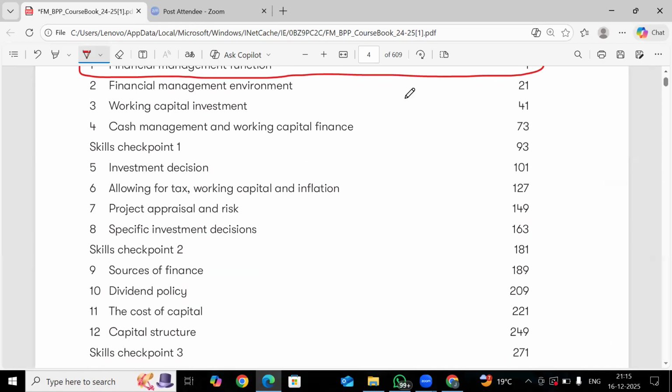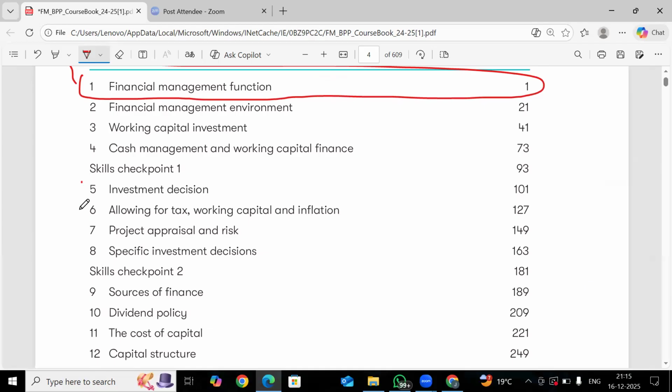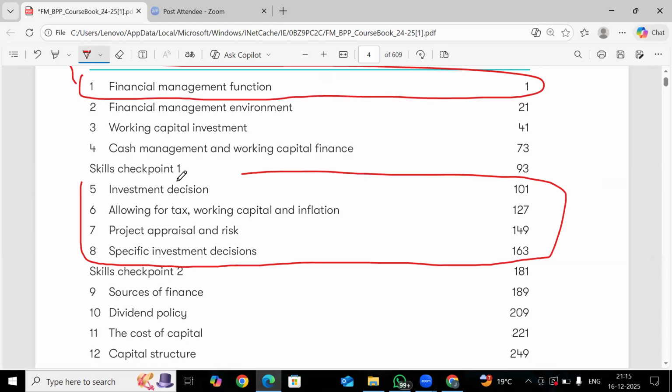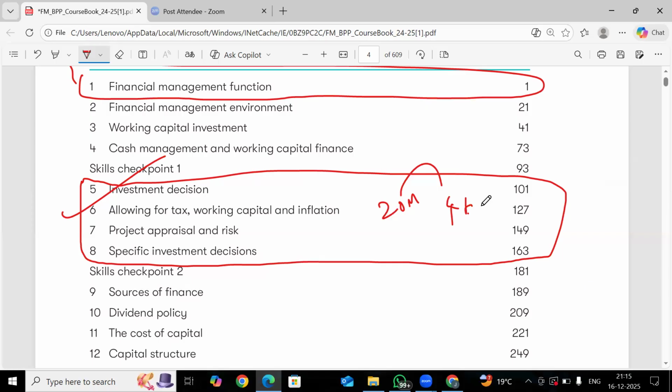I'm going to take up this section, investment decision, these 4 chapters at one stretch. I will take 1 week and finish this. This carries 20 marks confirmed plus 4 to 5 MCQs. Very crucial chapter with respect to examination, 30 marks weightage for only these 4 chapters. My next target is that.